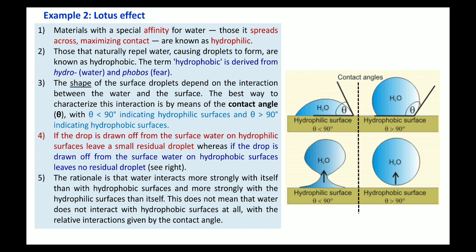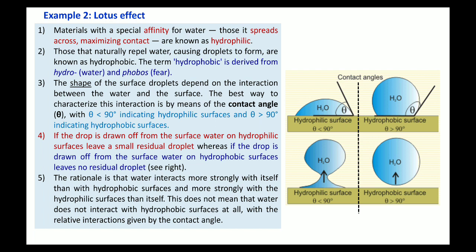The shape of surface droplets depends on the interaction between the water and the surface. In the hydrophilic surface, you can see the shape of the water is different, and in the hydrophobic surface, you can see the shape of the water droplet is different. That shape depends upon the interaction of water with the surface.